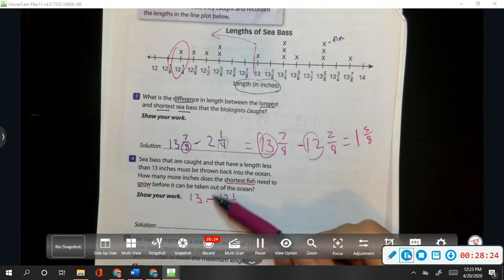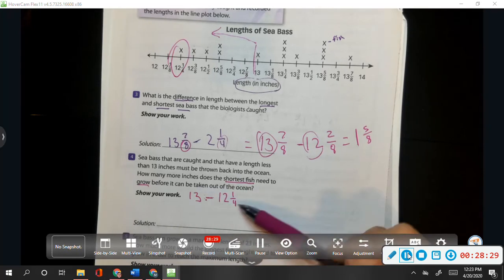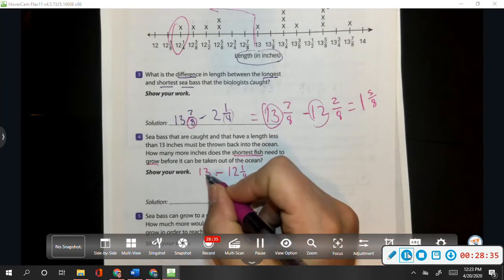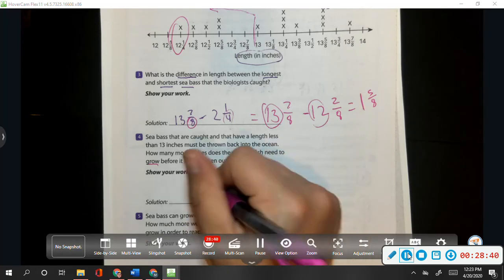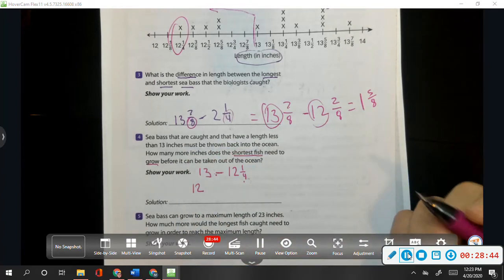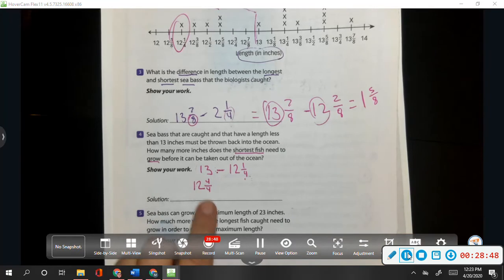If I wanted to subtract these, I need to get a fraction over here. These need to look a little bit closer. So what I'm going to do is I'm going to take 13 and take 1 away from it. When I take 1 away from 13, I get 12. And then I'm just going to put 4/4, because that's equal to a whole, right?